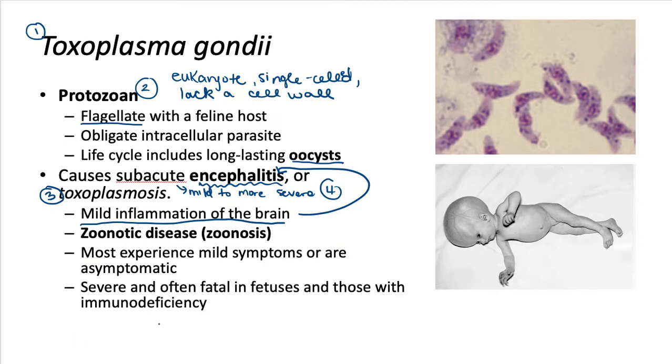What happens is if the infection crosses the placental barrier and infects a fetus, and if the mother doesn't have antibodies already to the infection, so if it's a new exposure that occurred during pregnancy, then the effect on the fetus can be fatal or if not, just very severe. So the infection can be severe in fetuses and also those that are immunocompromised or have an immunodeficiency.